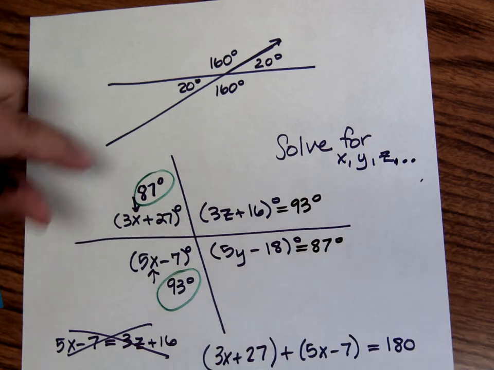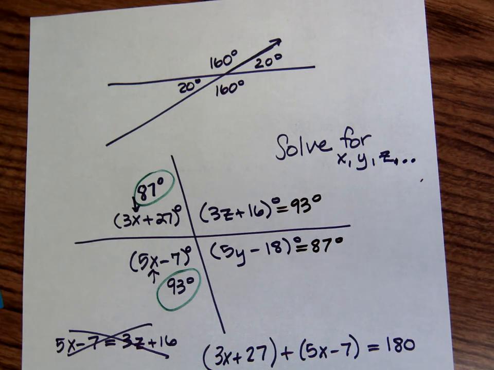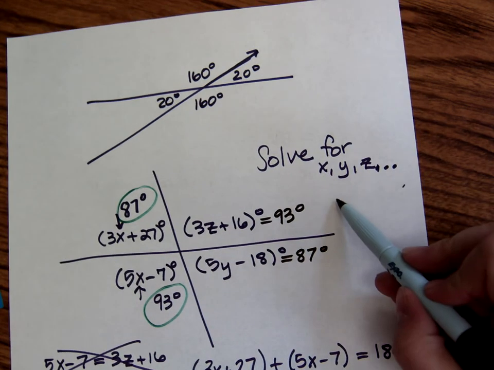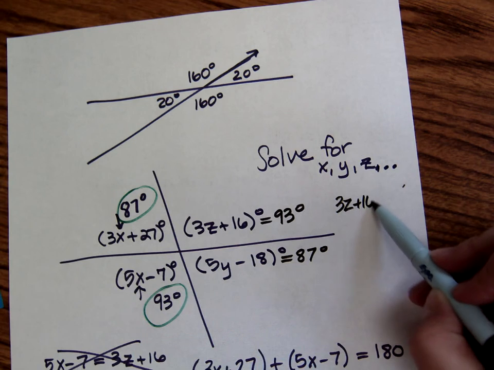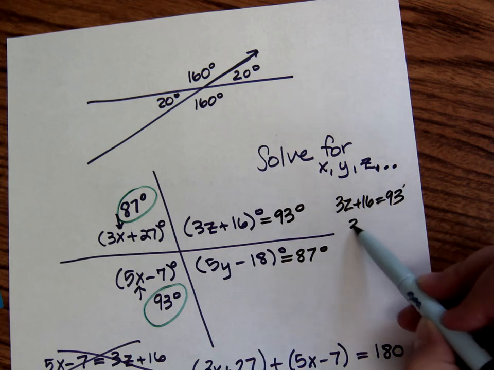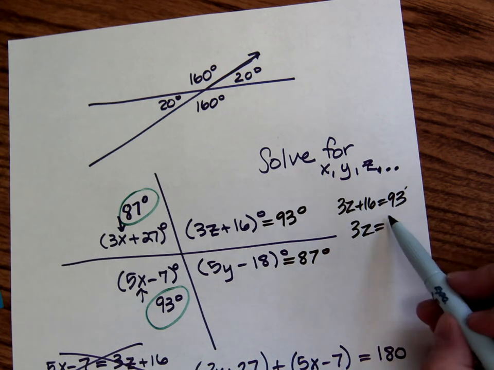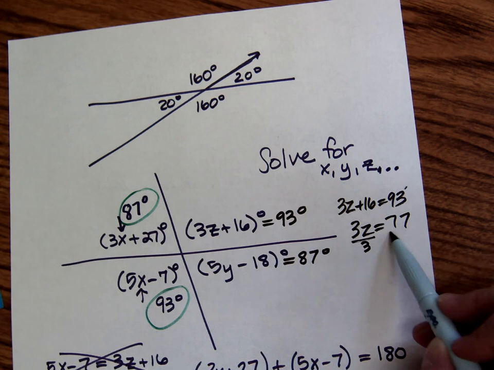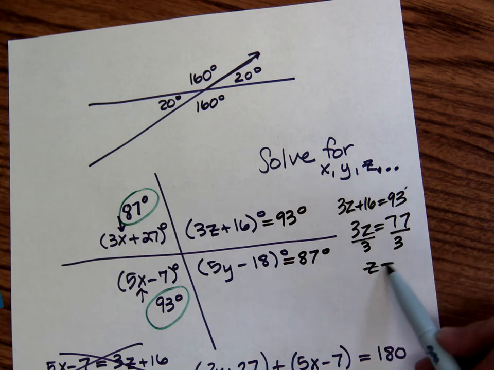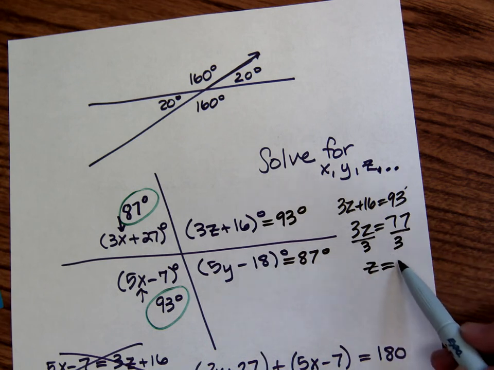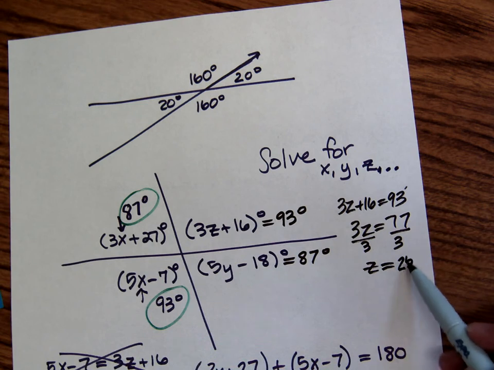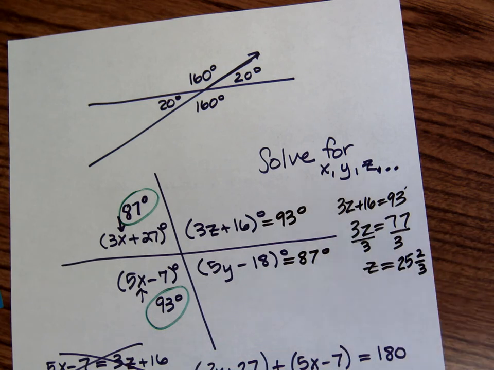And now I can use those equations to solve. 3z plus 16 equals 93. That means that 3z is equal to, let's see, subtract 16, and I get 77, I believe. And that's going to give me 25 2/3 for z.